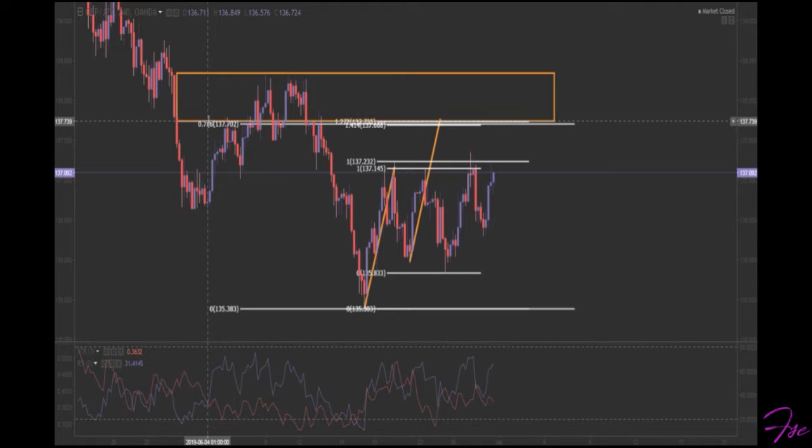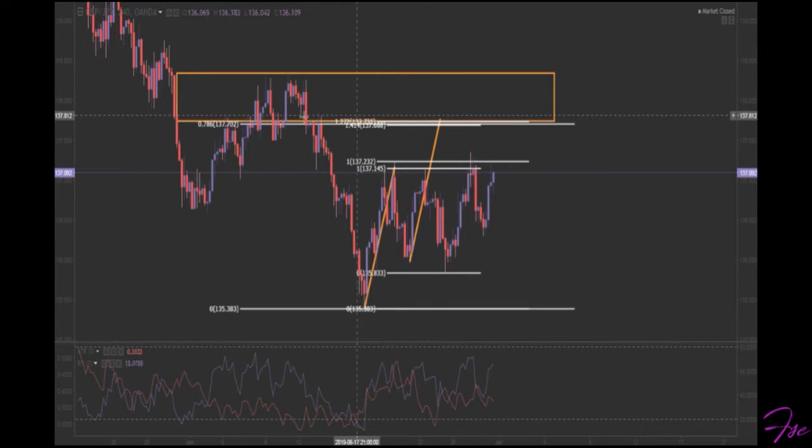Okay, so we've got the 78.6. I then did a fib extension from this leg, and guess what? Look, 127.2 lines up exactly with the 78.6. Furthermore, I did a fib inversion from this leg of the move, and the 141.4 lines up exactly.